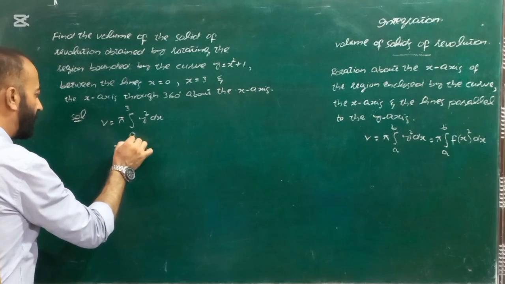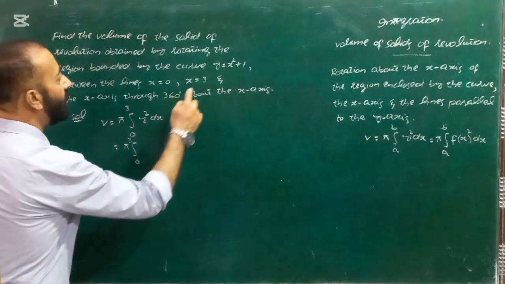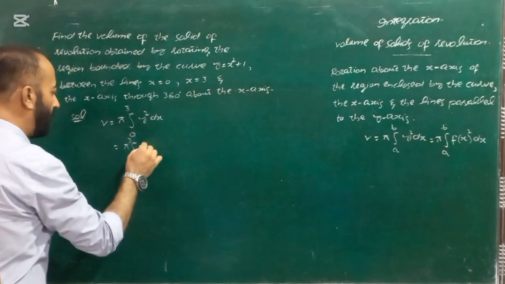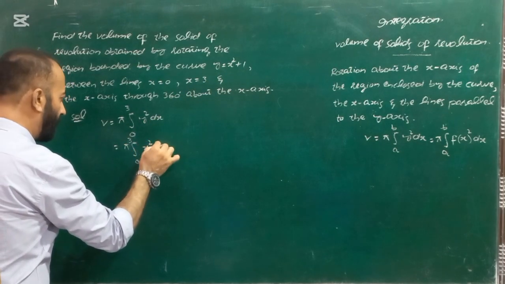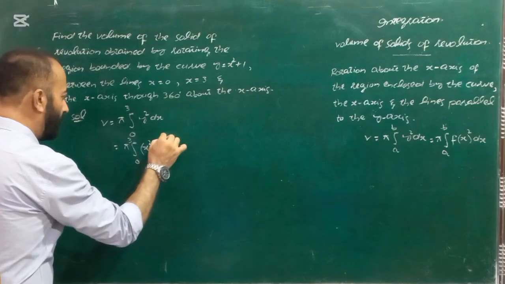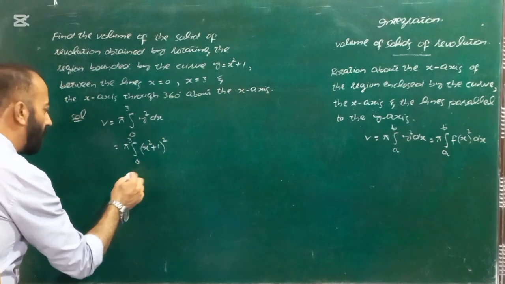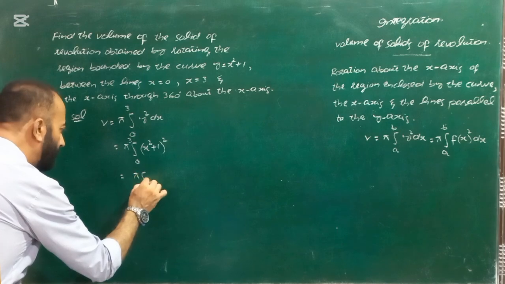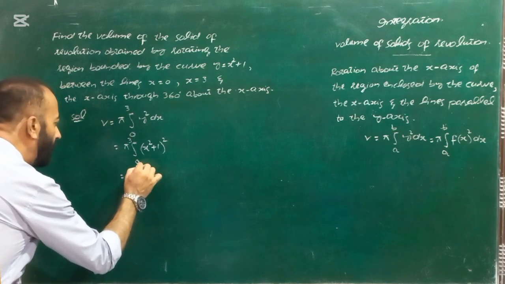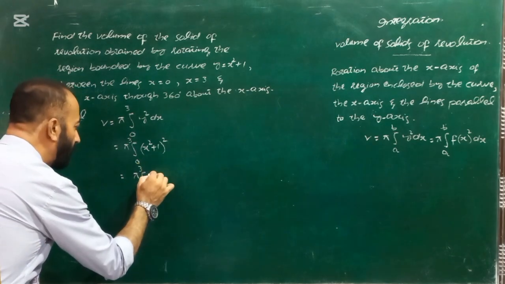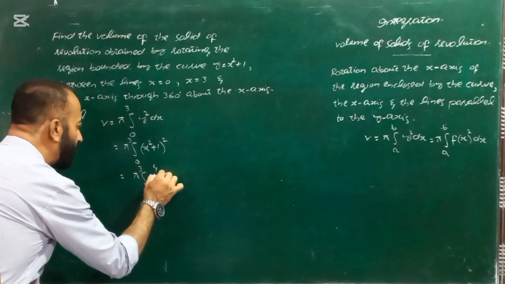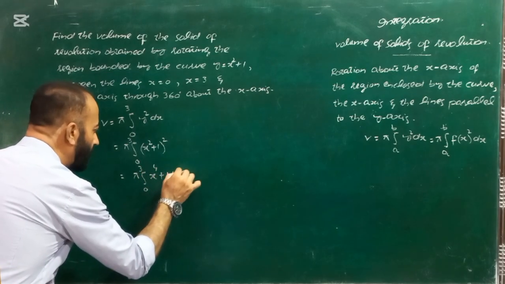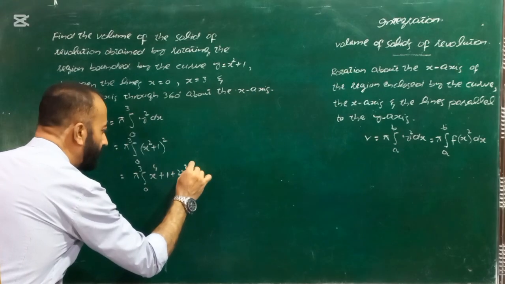In the next step we apply the values. 0 to 3 is the limit, y equals x squared plus 1, so y squared will be (x squared plus 1) whole squared. Taking the square, the (a plus b) whole squared formula gives x to the power 4 plus 1 plus 2x squared.